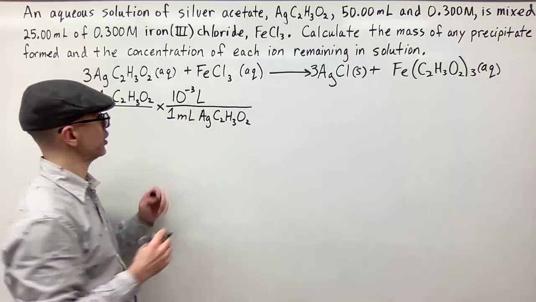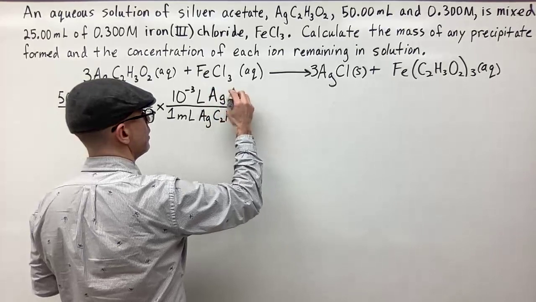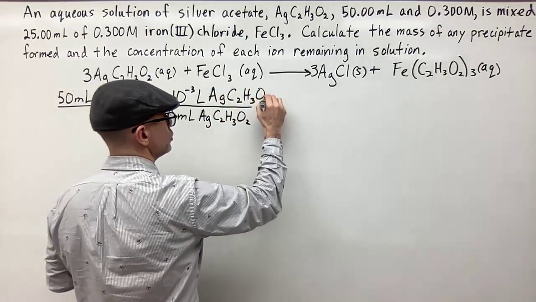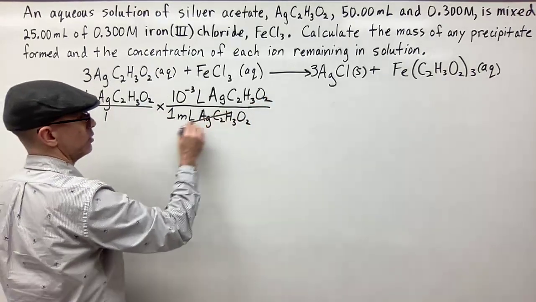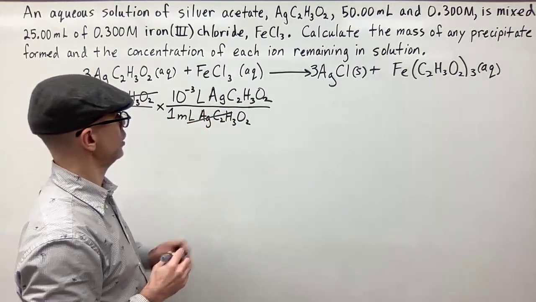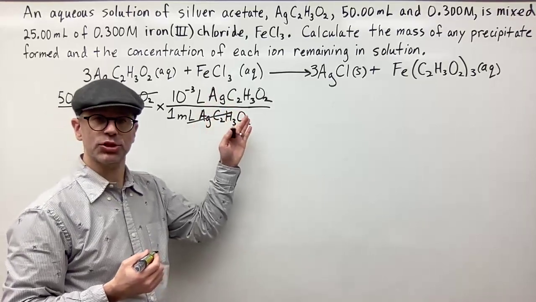It's the same ratio. And so now AgC2H3O2. Now I can cancel out the milliliters, and now I have liters of the silver acetate solution.